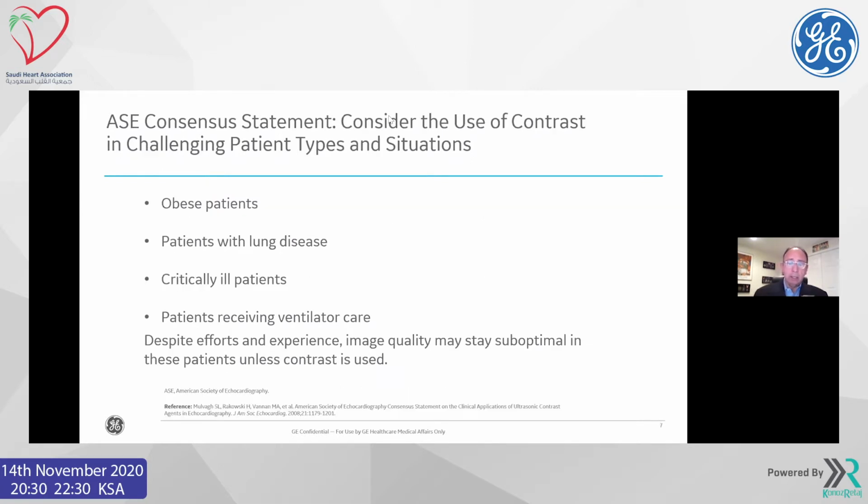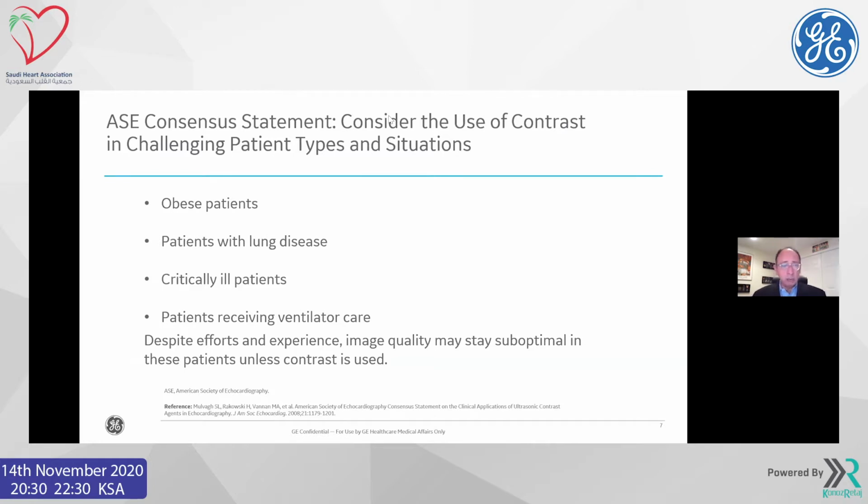But to get there, you have to do some very basic things with your equipment. First of all, what kind of patients do you use contrast agents? Obese patients, patients with lung disease, those that are critically ill, and despite all the tools that we have on the equipment, you still may obtain a suboptimal echo, but you have to make it diagnostic, right?